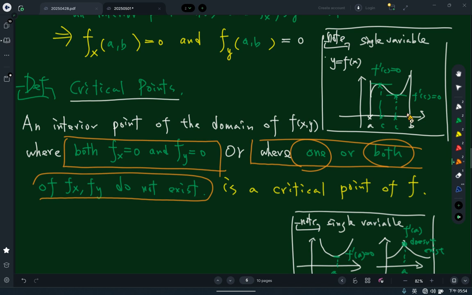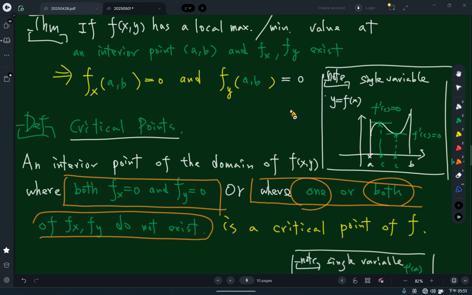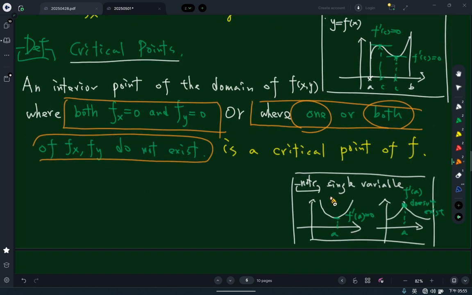For single variable, it's just like this. So you can just intuitively accept the concept for two variable function. This is also for single variable, and then you can just try to imagine what it will look like in a two variable function.